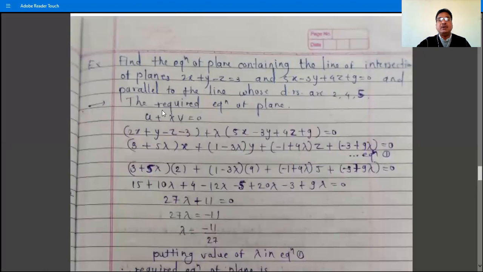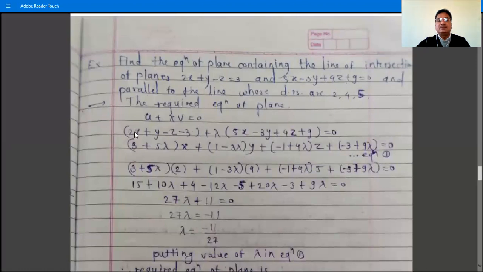And the formula is what? u plus lambda v is equal to 0. The required equation of plane is u plus lambda v is equal to 0. That is 2x plus y minus z minus 3 plus lambda times 5x minus 3y plus 4z plus 9 is equal to 0. Then collect the coefficients of x, y, z.